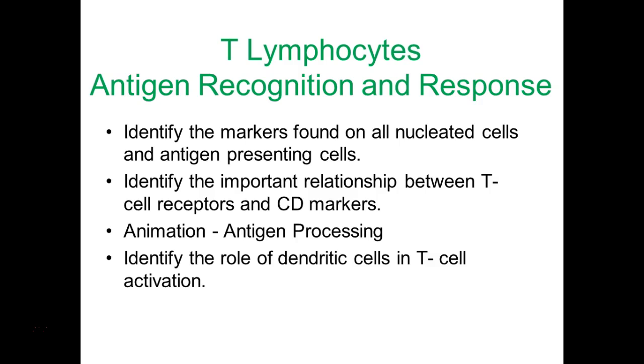This helps them communicate with MHC, right? So we need to know which MHC goes with which CD4. Dendritic cells are very important to this process of presenting to T cells, right? They're one of the main ones that are going to share this information that they've picked up, these antigens.